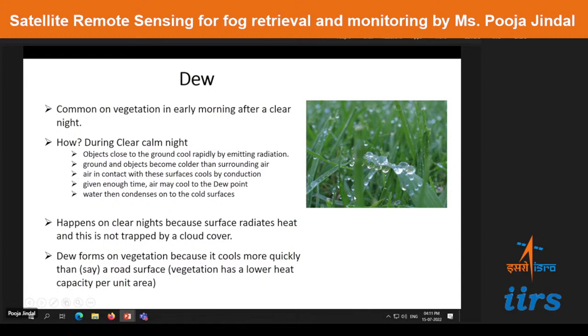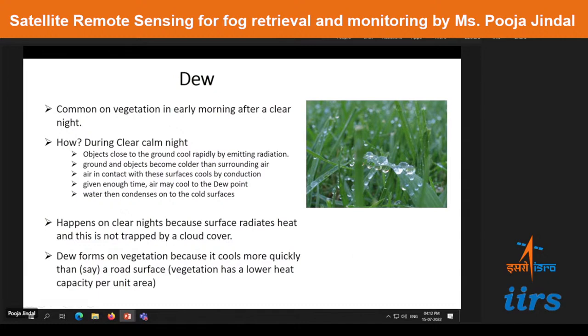If you have sufficient time, air may cool to the dew point, which is true especially during winter. When air gets cooled to dew point temperature, water condenses onto the cold surface and appears as water droplets, and these water droplets on the surface are called dew, right? It happens on clear nights only because, as already discussed, the emitted radiation is not trapped by cloud cover.